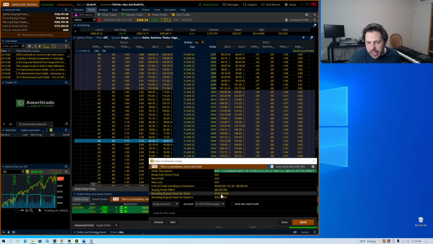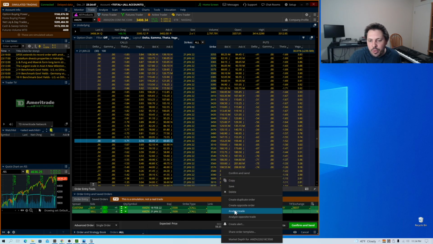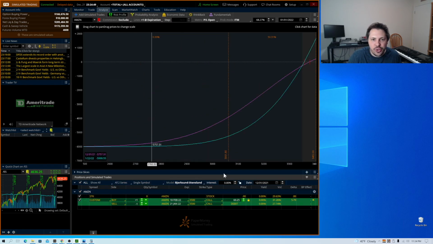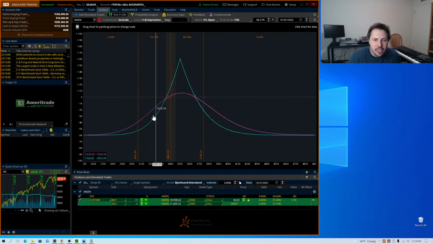And when we click confirm here, it's kind of hard to estimate the profitability of these calendar spreads because we don't know what's going to happen with that front option, right? So when we actually analyze this trade, it looks something like this, where again, it's a defined risk trade.